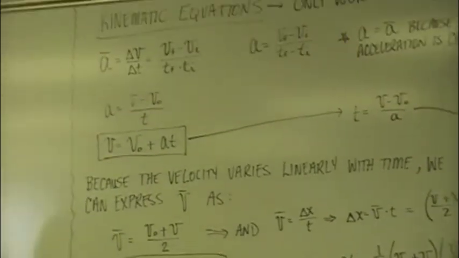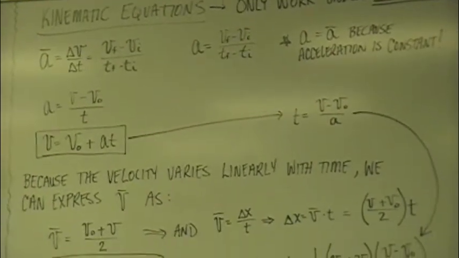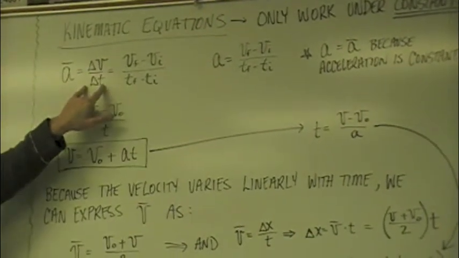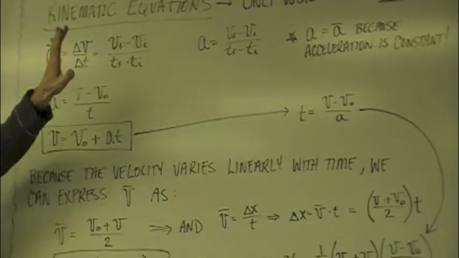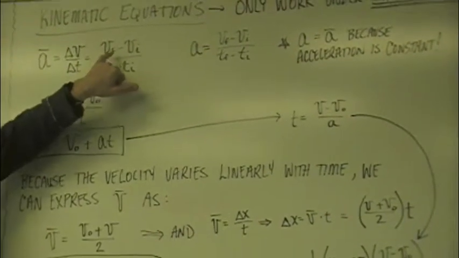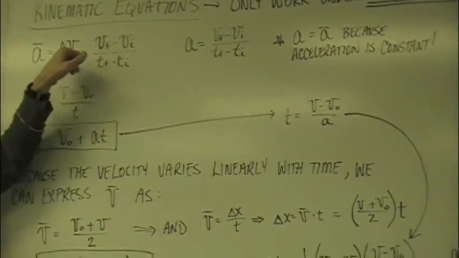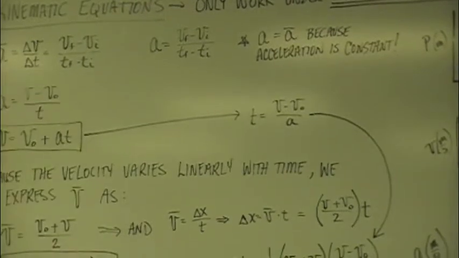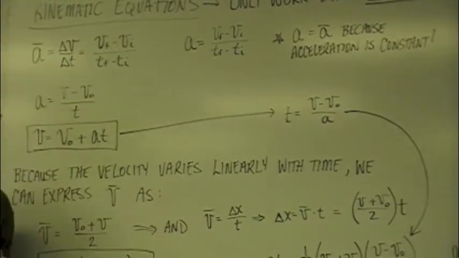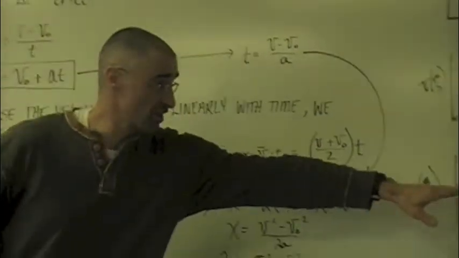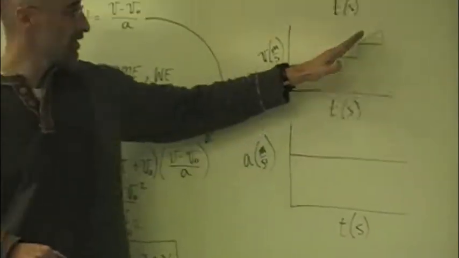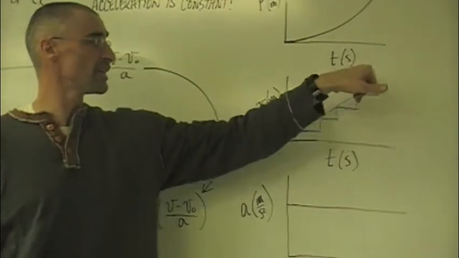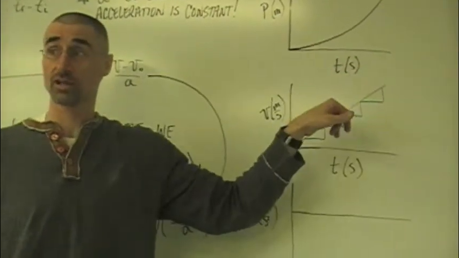Now, let's step through this derivation. I think you guys would all agree that the average acceleration is equal to the change in velocity over the change in time. Okay? Now I can rewrite that: velocity final minus velocity initial, which is change in velocity, over time final minus time initial, which is change in time. Now, because acceleration is constant and we have a linear velocity versus time curve, is our instantaneous velocity anywhere on here always going to be equal to the average velocity?